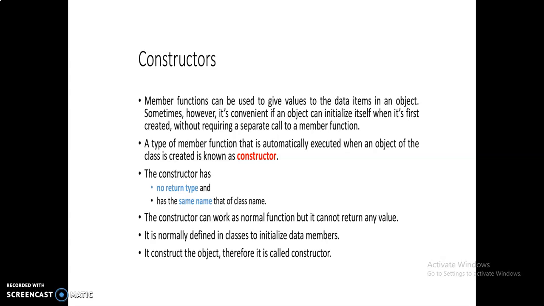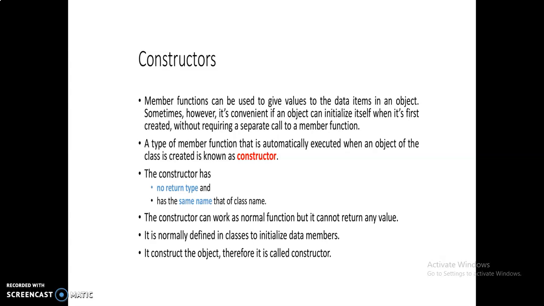So this is the most important thing. A constructor is also a type of member function, but member functions are invoked by using the object, whereas a constructor is invoked while the object is created.